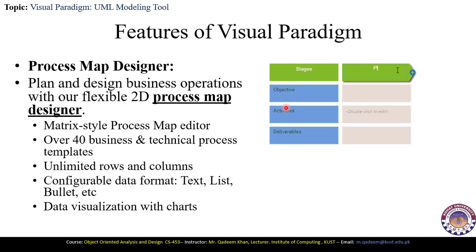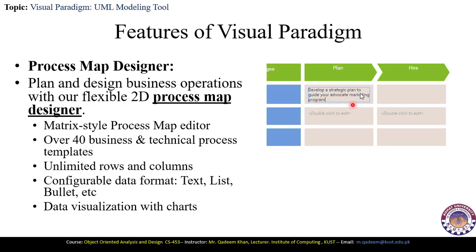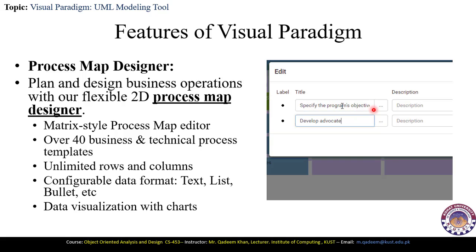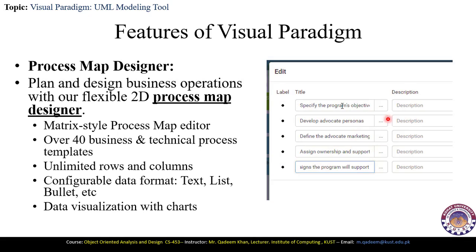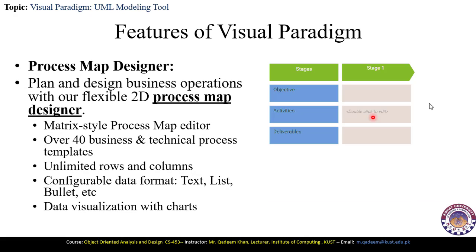Another important feature of Visual Paradigm is the process map designer. Process map designers allow you to plan and design business processes with the help of a 2D process mapping designer and matrix-style process mapping editors. Over 40 different business and technical process templates are available here. You are provided an unlimited number of rows and columns.